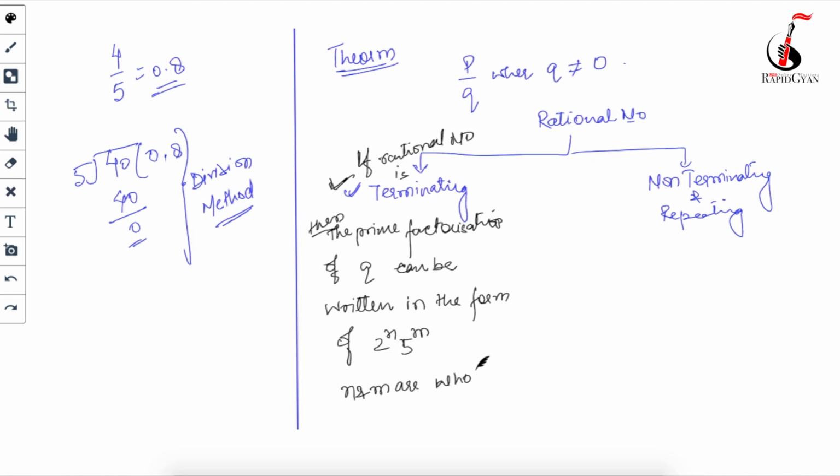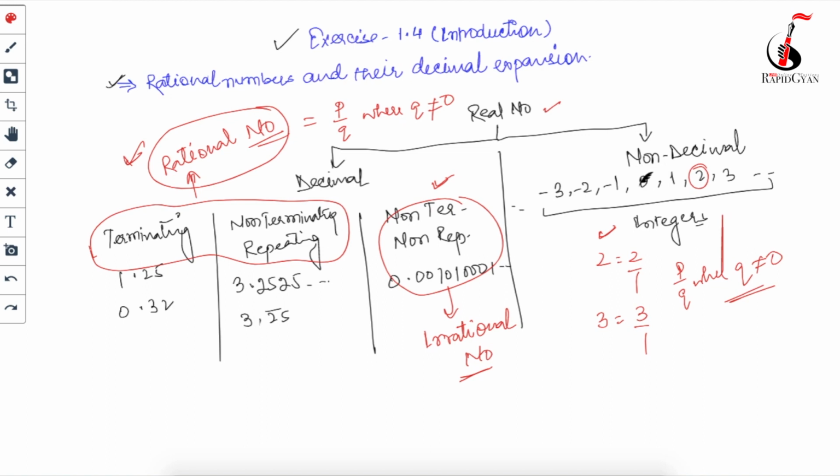What are whole numbers, by the way? Whole numbers are these numbers from 0 to positive infinity. They are called whole numbers: 0, 1, 2, 3, 4, 5 till the end.